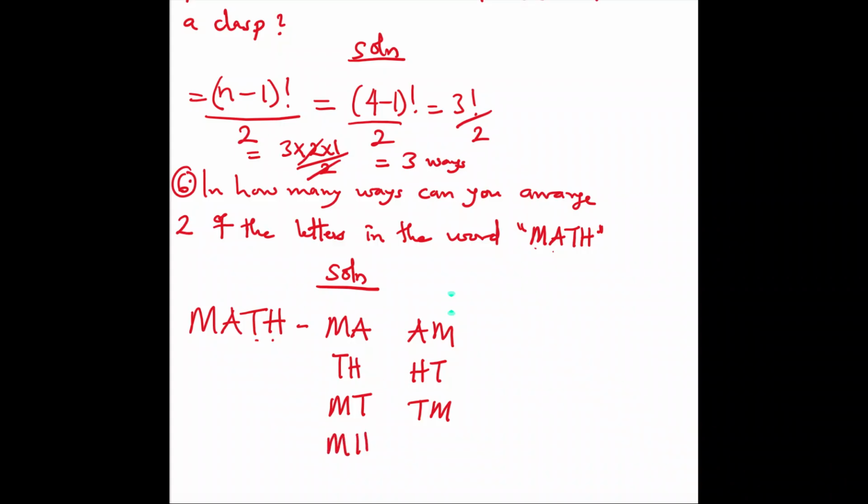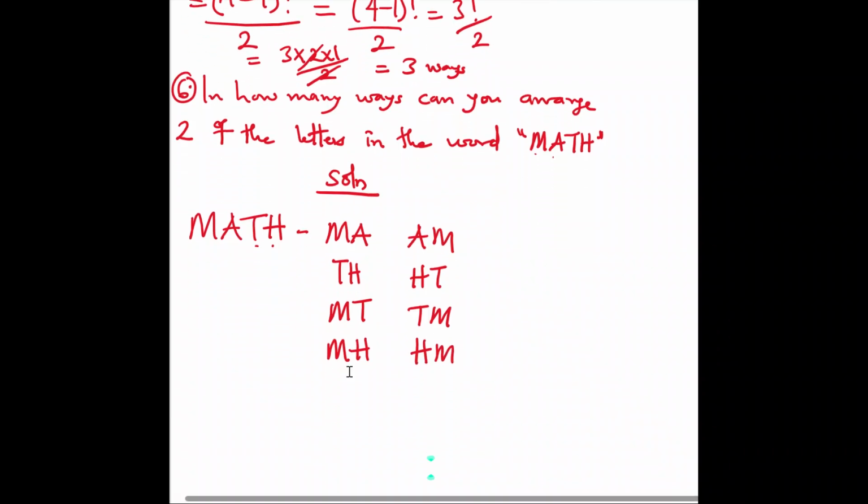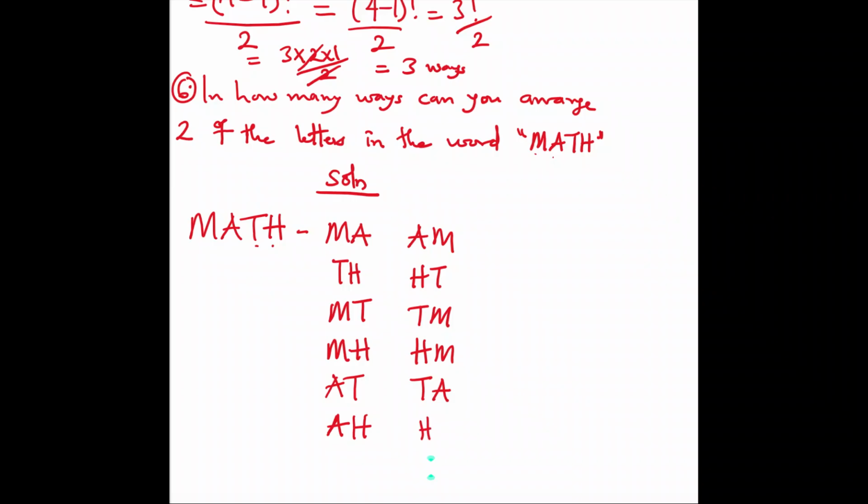Okay, and then if I write M-H, written in the reverse order is H-M. If I write A-T, T-A. Okay. A-H, H-A. Okay.